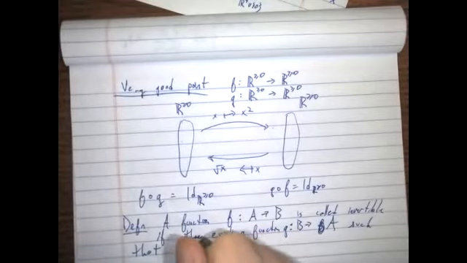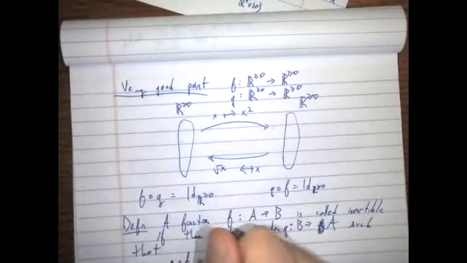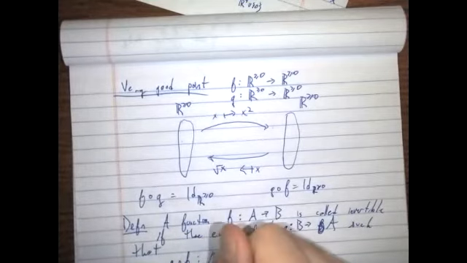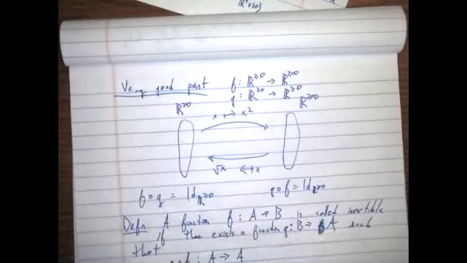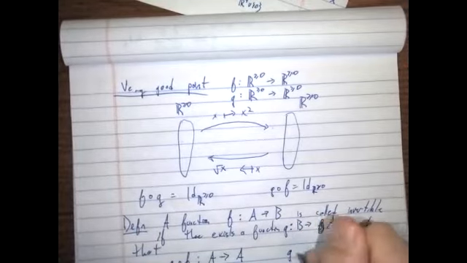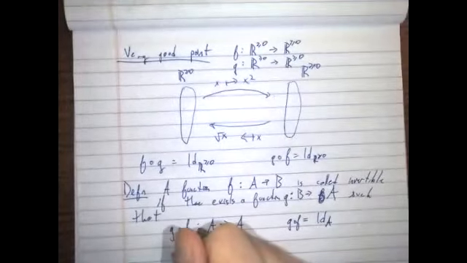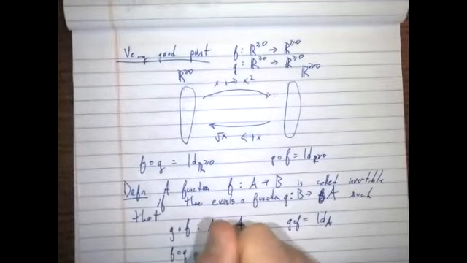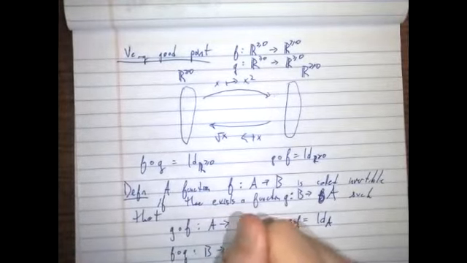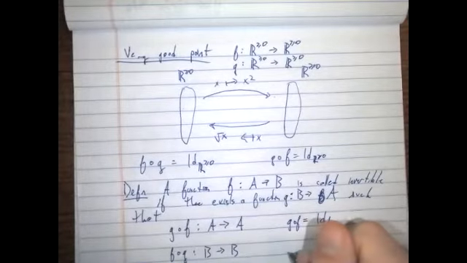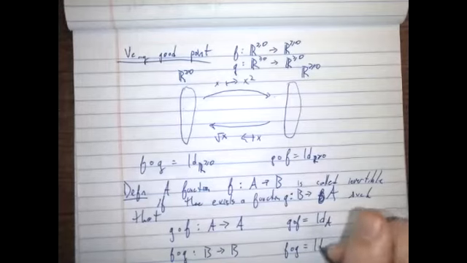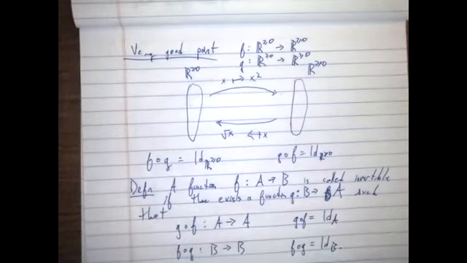g composed with f, which is now a function from a to a, is equal to the identity function on a, and f composed with g, which is now a function from b to b, has the property that f composed with g is equal to the identity function on b.